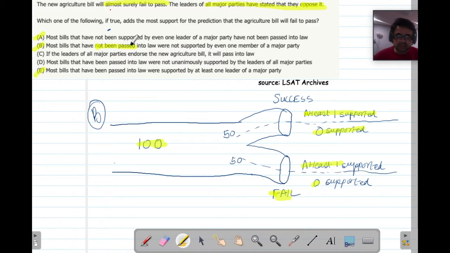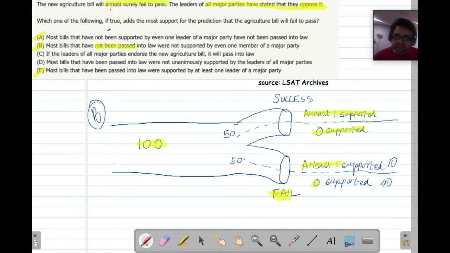Most bills that were not passed, or most bills that failed, were not supported by even one member of the party. So out of 50 failed, the 0 supported ones are the majority, and the at least 1 supported ones are very few. This is most, this is less. So let's take 10 as the bills that were supported by at least 1, and 40 as the bills that were supported by 0 people.